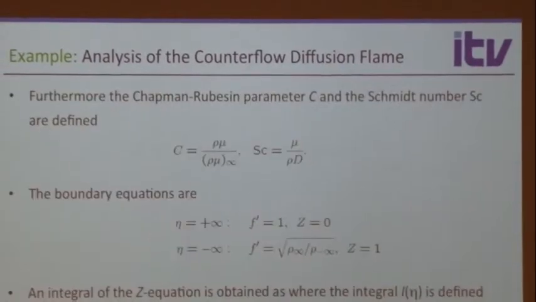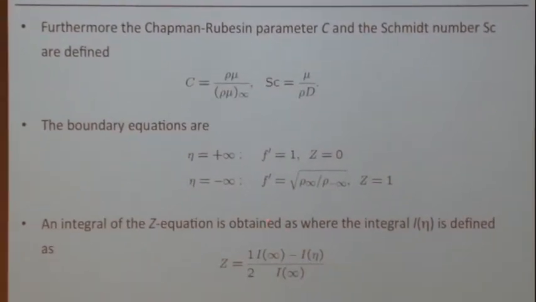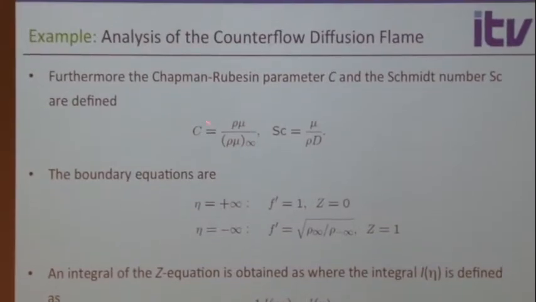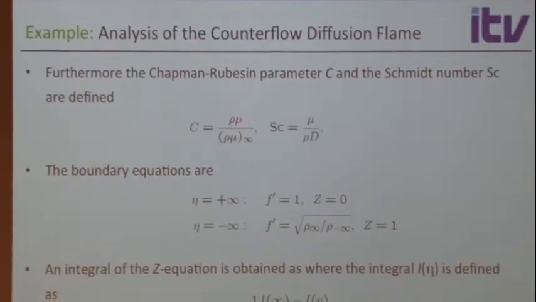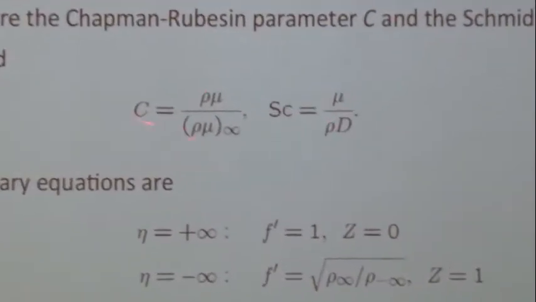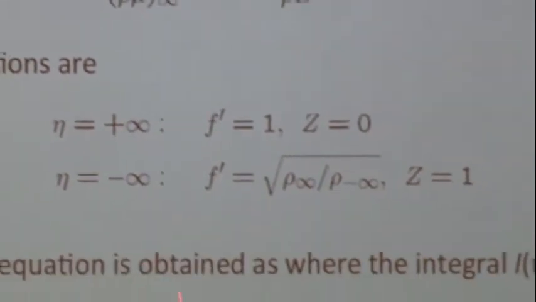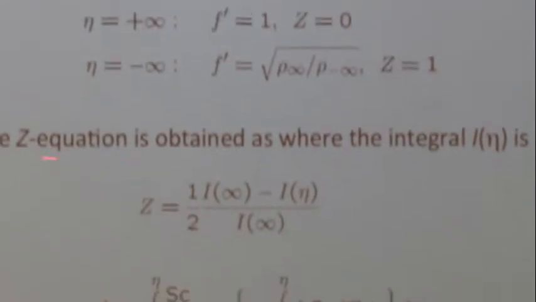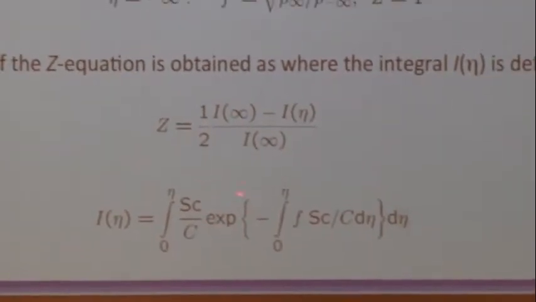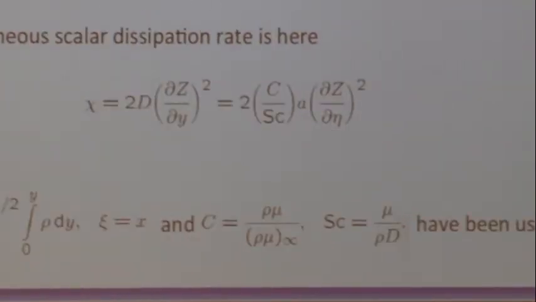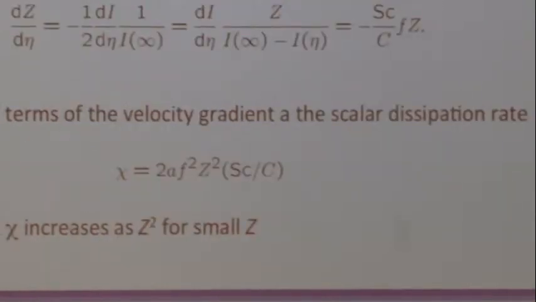And then what we can do is, under certain assumptions, basically that this rho times mu here is a constant, you can derive an analytic solution for the mixture fraction in the counterflow diffusion flame.